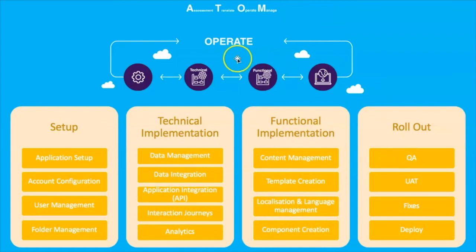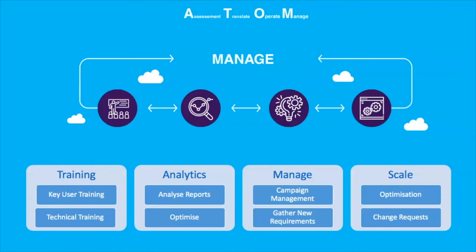After this key implementation, we look into the rollout phase, where we do the quality assurance and the user acceptance test, and if there are any fixes, we fix the issues and then go into deployment. With this, we finish our initial setup, and then we need to manage the platform. This is where we first need to train all the users.